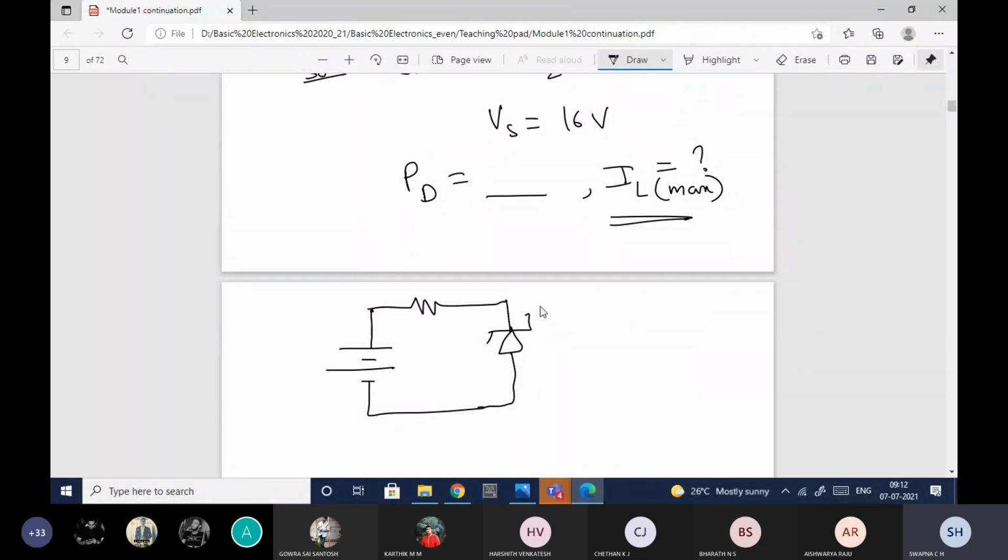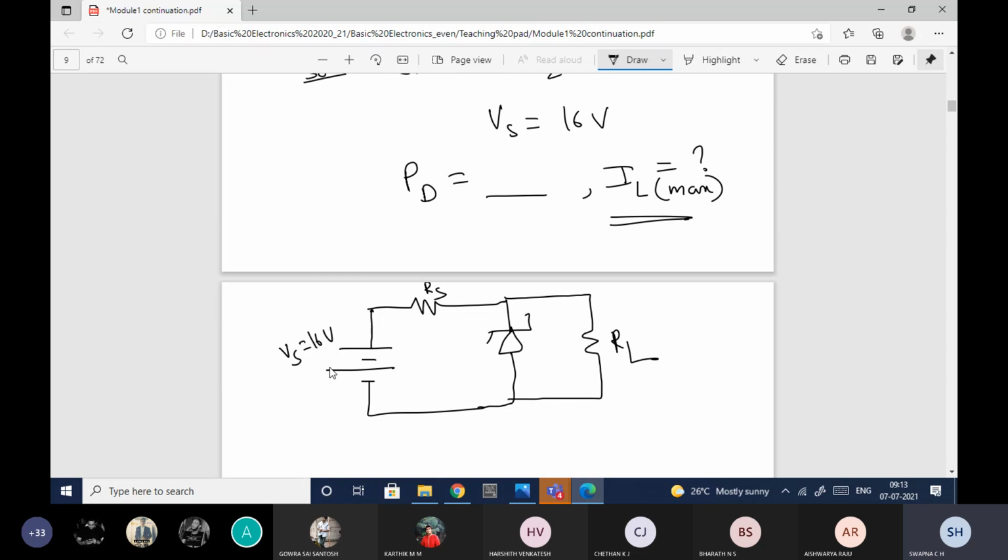In the previous problem, he didn't speak anything about the load resistor, so we didn't connect anything related to load. But here he is speaking about the load, so I have to take the load in parallel with this. So this is RL, this is RS.